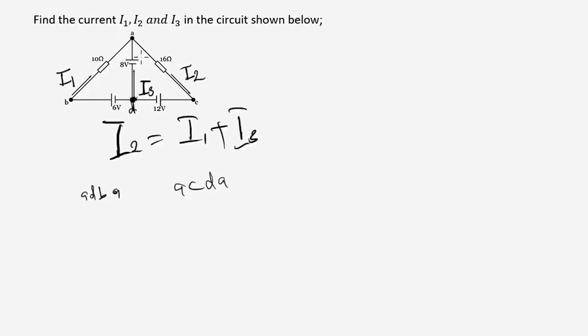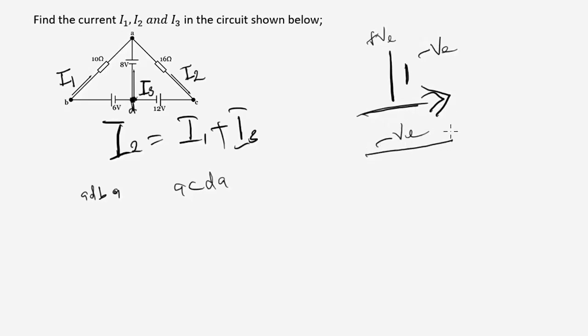Now if you notice the EMFs, you will see that they have polarity. One is long, this is short. So this is positive, this is negative. Using your direction of flow of current, you can decide that when you go from positive to negative, you have a negative. You can also decide that when you go from positive to negative, you have positive.